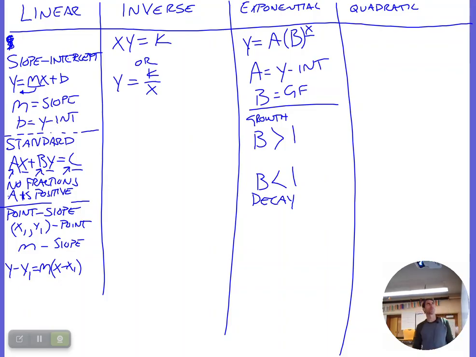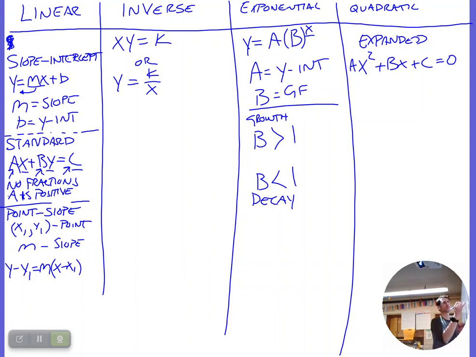All right. Finally, in quadratics, we have expanded form, which is ax squared plus bx plus c, and that is going to be equal to 0.